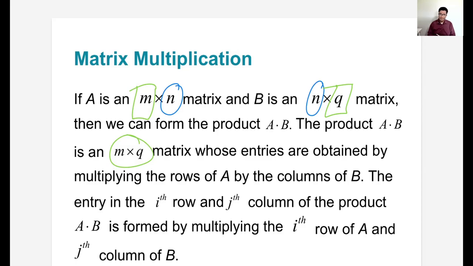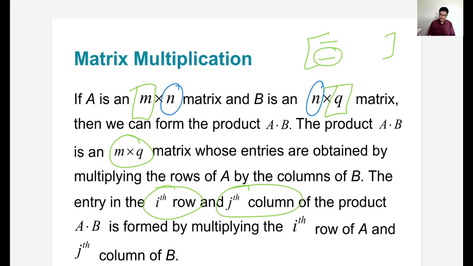matrix. Okay. And that is the dimension, but then you will ask what are the values inside the product. And the answer is, if you are looking for, let's say, second row first column, suppose you are looking for this entry, that would be obtained by taking the second row from the left side and the first column from the right side and multiplying them like we saw in the previous page.